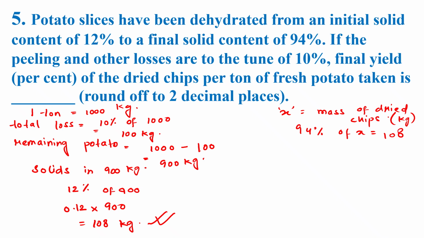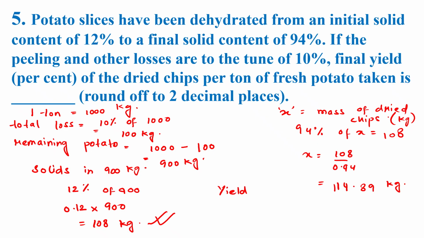So X is equal to 108 by 0.94, or it is 114.89 kg, and we have to calculate over here yield percent.